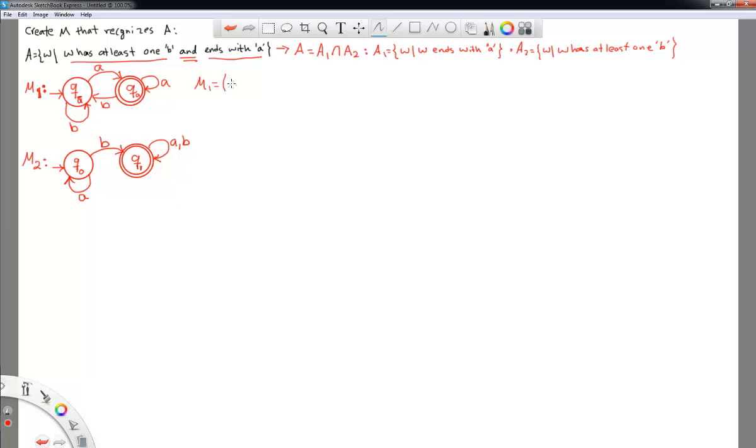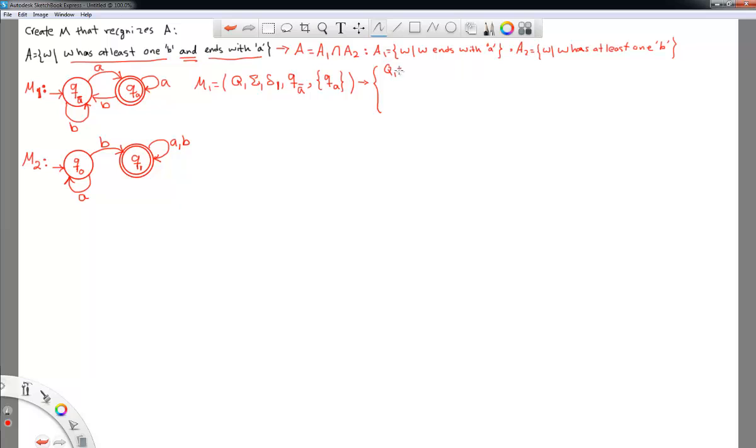So M sub 1 is a set of Q, sigma, delta sub 1, Q sub not A, and the accept state is going to be Q sub A. Now we know that sigma is A and B, so that's good. I'm going to go ahead and define its 5-tuple.